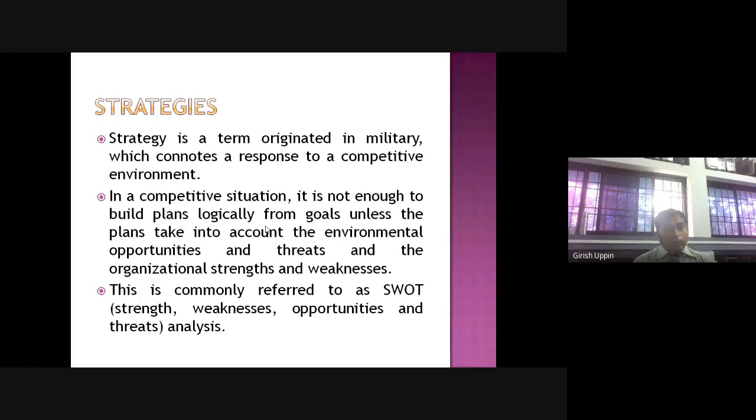It doesn't happen like that. We have to consider the environmental factors: what opportunities are available and what threats persist. The environment gives me opportunities, and the environment creates threats for me.